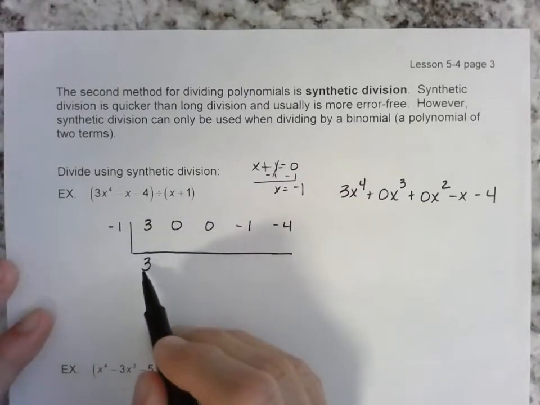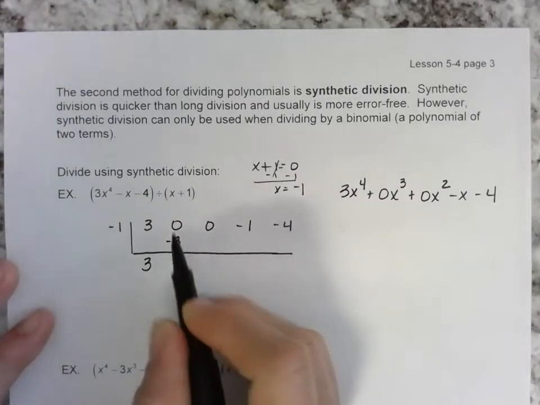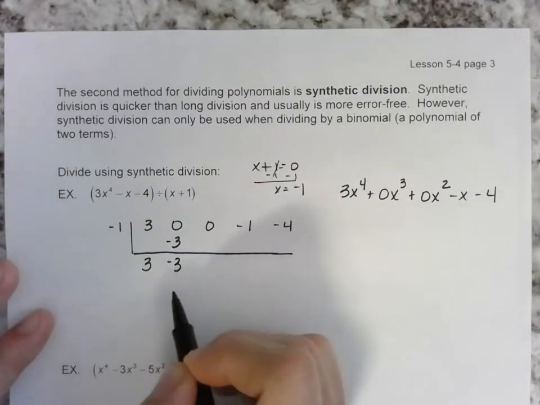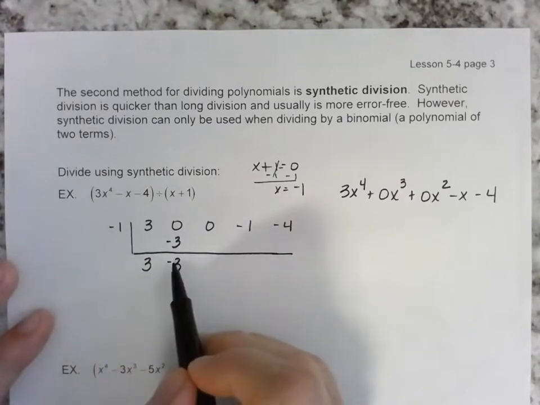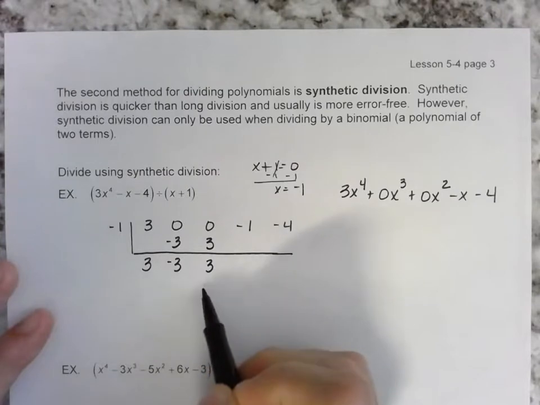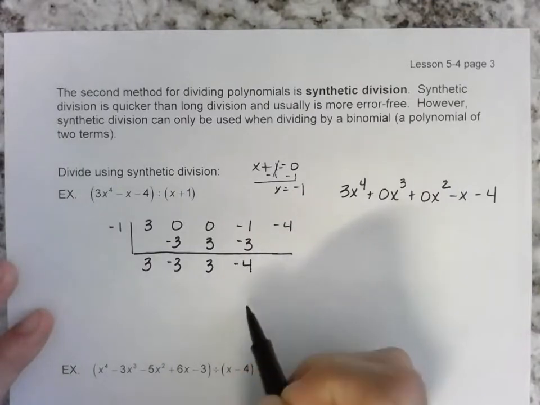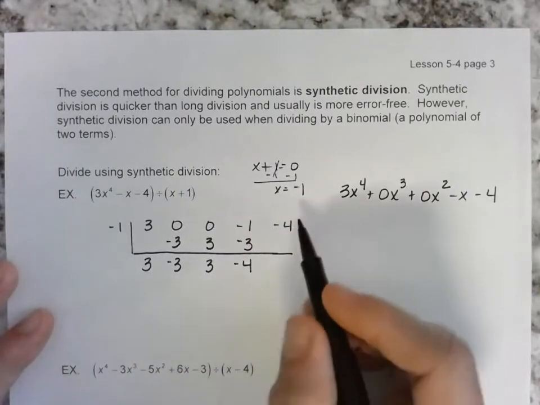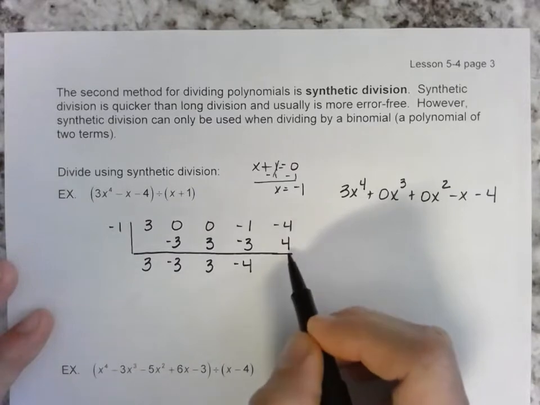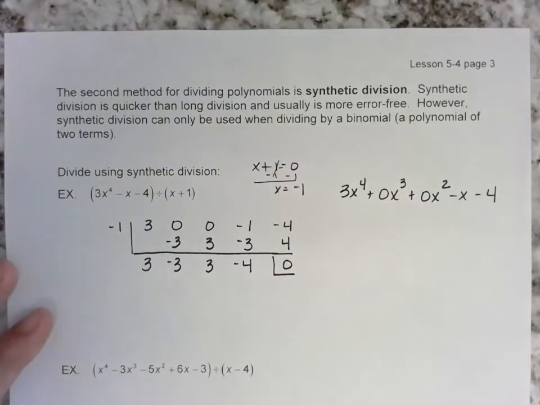So we multiply -1 times 3, that's -3, add, multiply -1 times -3, add, multiply -1 times 3, add, multiply -1 times -4, and add. The number at the end is always the remainder.